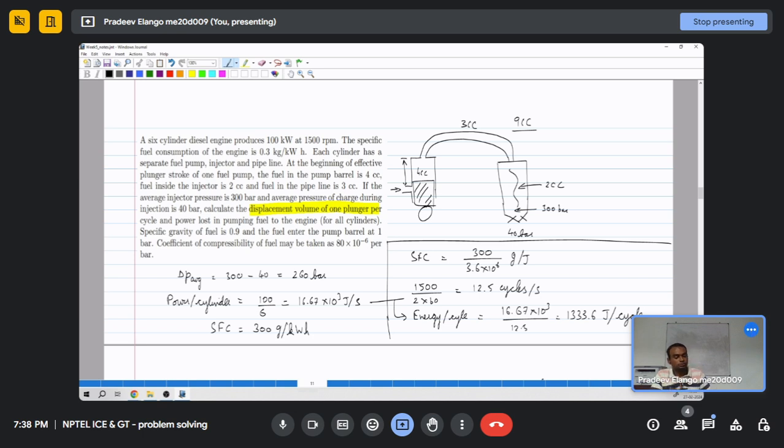So across the orifice, what is the average pressure? Like here in this region the average pressure is 300 bar, and in the cylinder, the downstream of the orifice, the average charge pressure is 40 bar. The cylinder pressure is called charge pressure because we call it charge coming in and going out. The fresh charge air is called charge pressure.